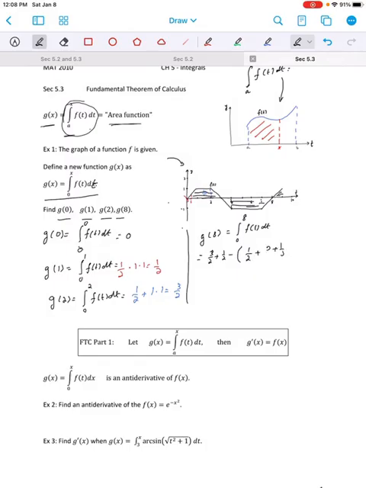Add everything up and you will notice that I have 3 over 2 plus 1 half plus 1 half, which makes it 5 over 2, and minus 3, which gives us negative 1 half.